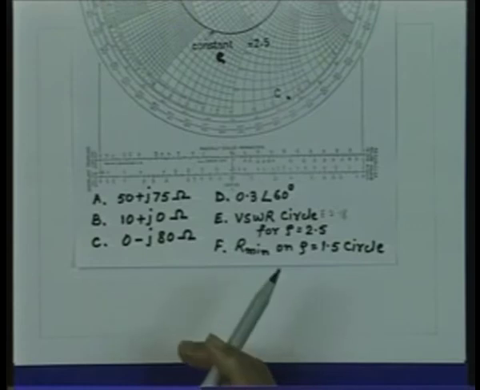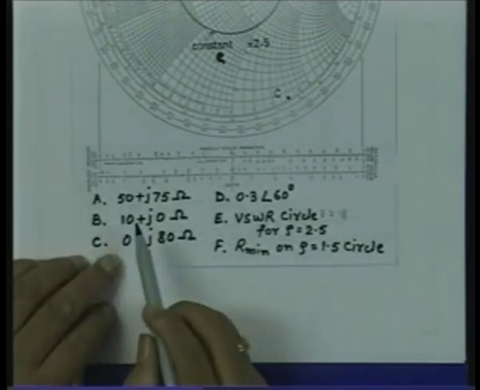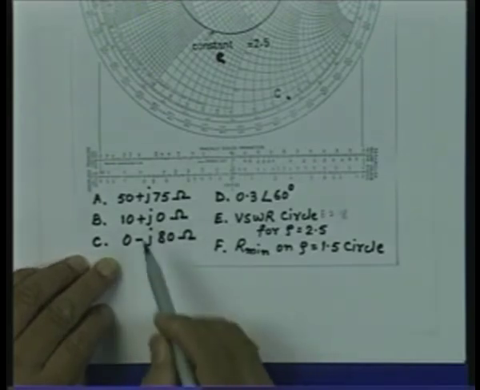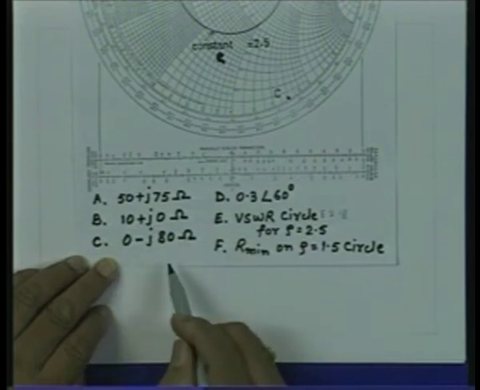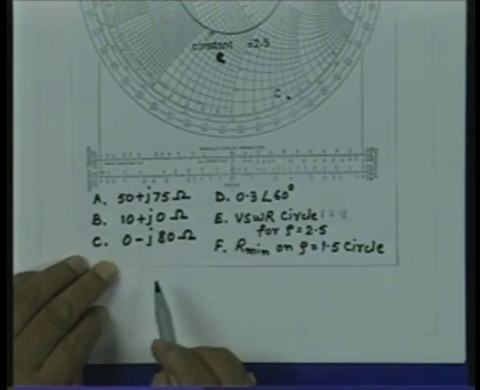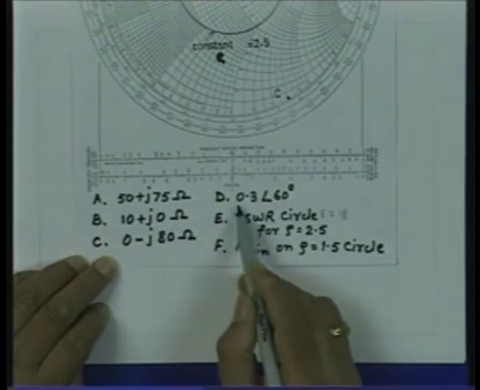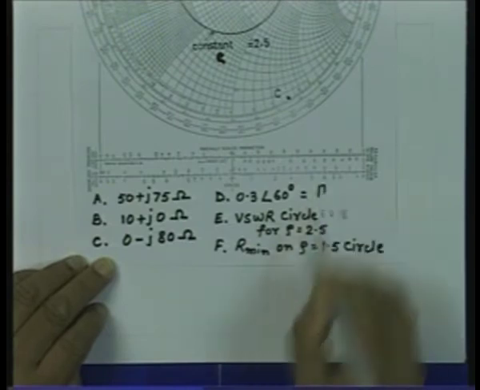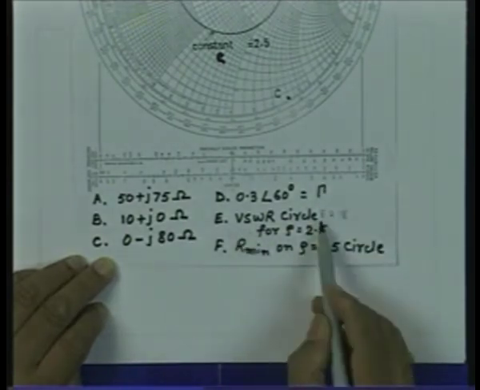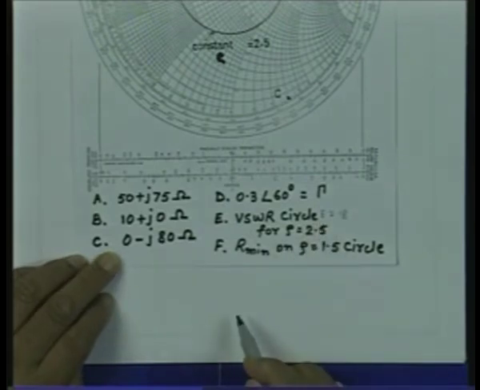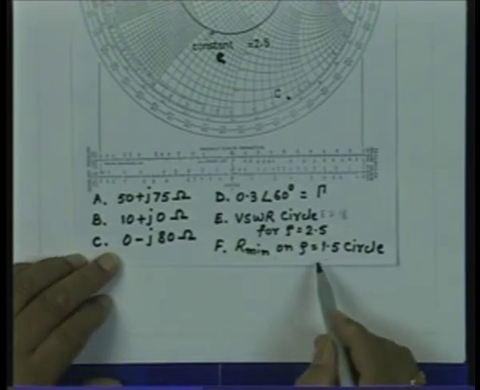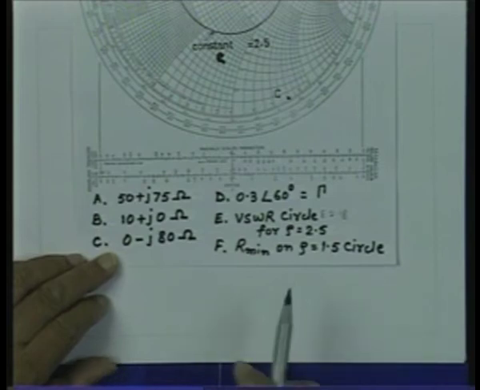Let us say I am given the impedance 50 plus j 75 ohms, you have to mark this on the Smith chart, or the impedance 10 plus j 0 ohms, or an impedance 0 minus j 80 ohms, or a reflection coefficient 0.3 angle 60 degrees, or you have to mark a constant VSWR circle with rho equal to 2.5, or we have to find out the R min point on a VSWR circle which is having value 1.5.